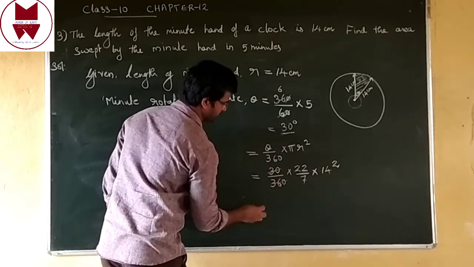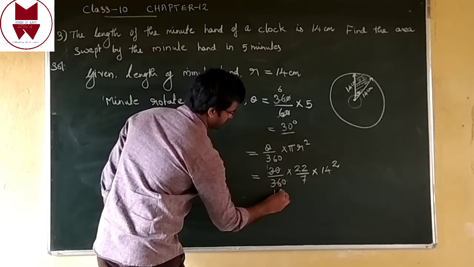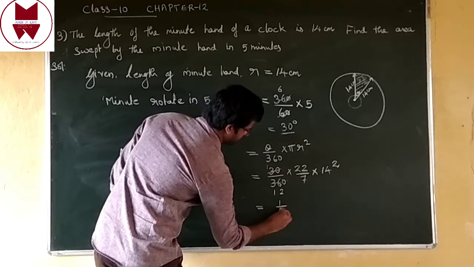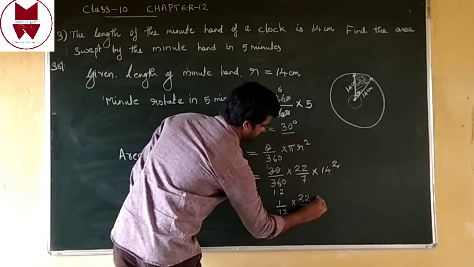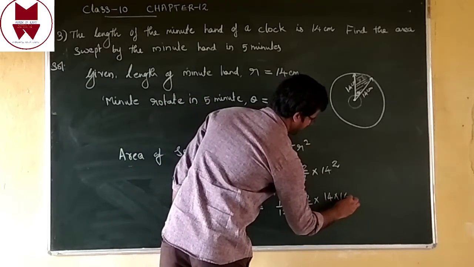Cut this 0 and 0, cancel, in 3 one time, 1 2 using by 3, then 1 by 12 into 22 by 7 into 14 square, that is 14 into 14, 2 times we can write 14.